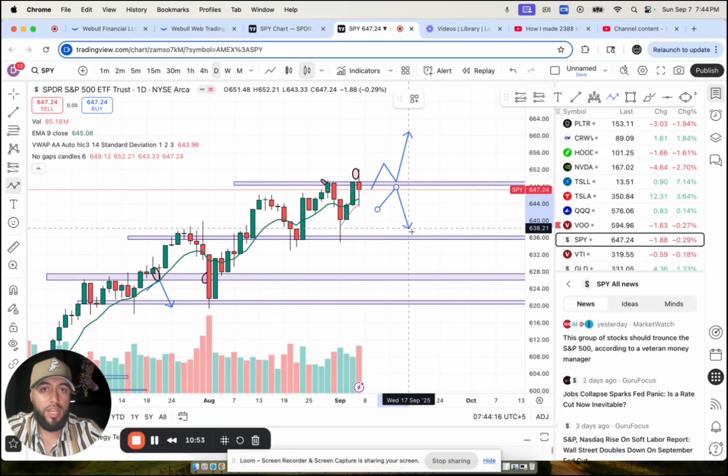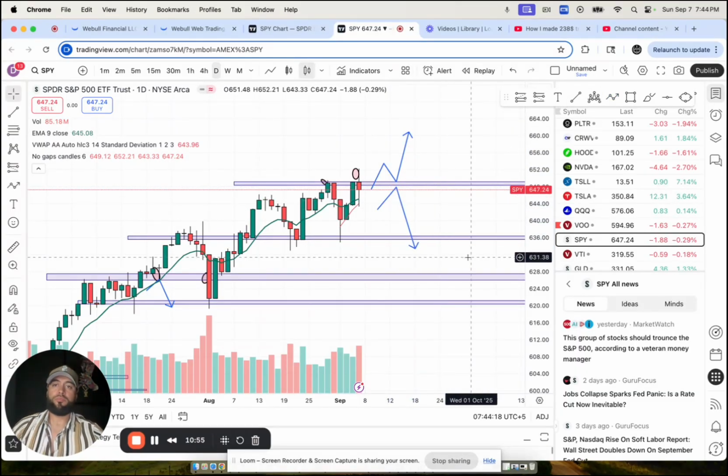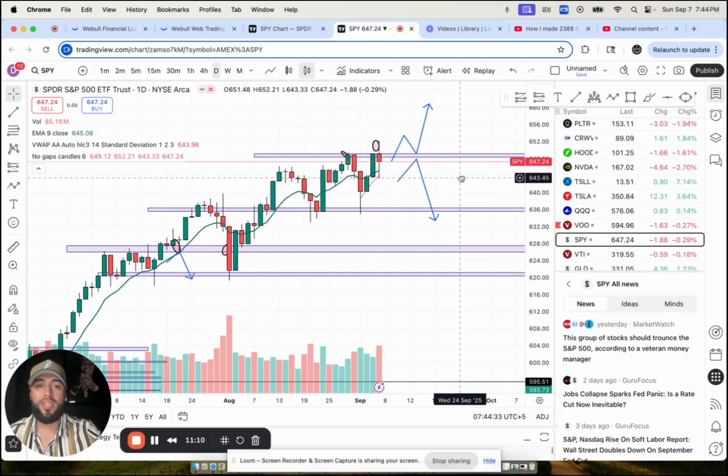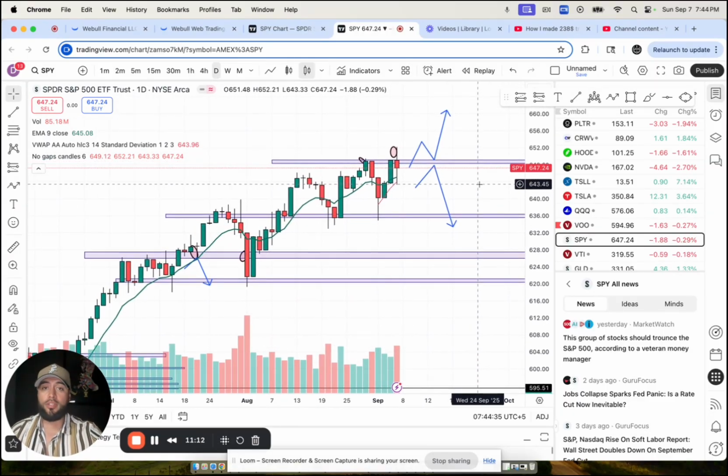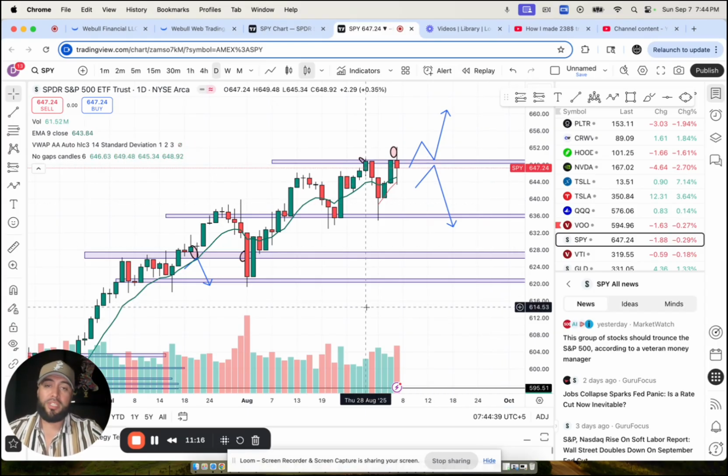So the three time frames that I use for psych levels, for areas of interest, for support and resistance is the daily, the 4-hour, and the 1-hour time frame. And we are looking for at least a minimum of 3 touches for that area to be an area of interest.